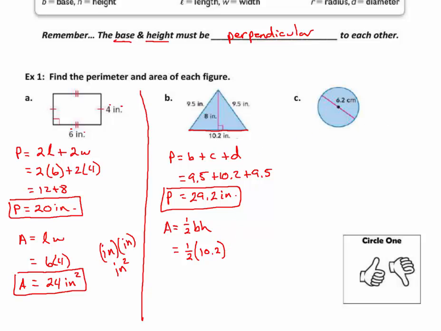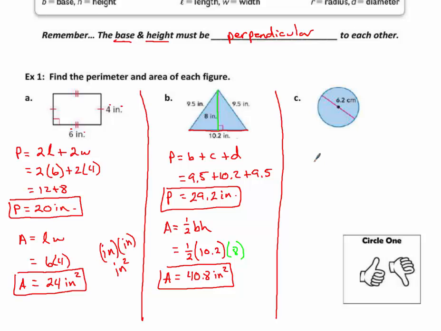The height of the triangle is always perpendicular to the base. So the height is 8. So 1/2, you can use the calculator for this, right? So 1/2 times 10.2 times 8 is 40.8 inches squared. That's the area of that triangle.